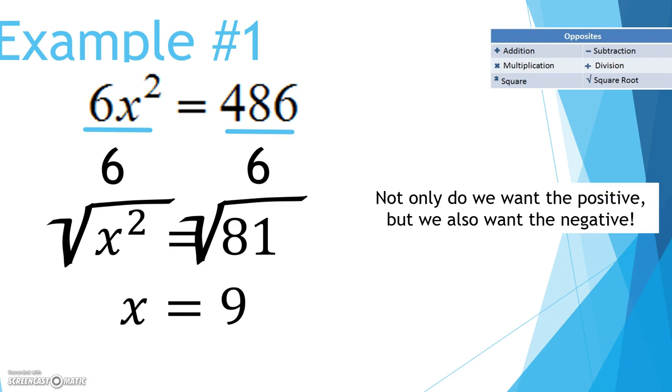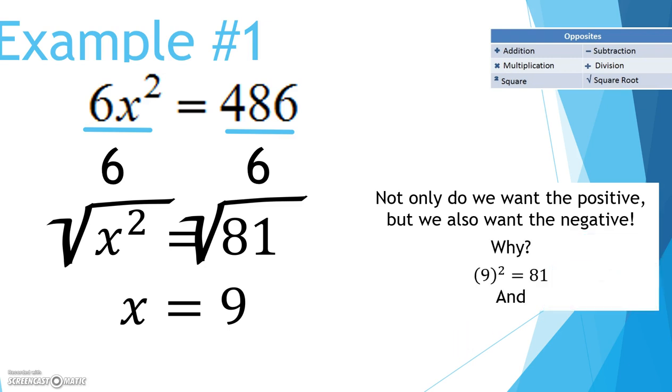Okay, so not only do we want the positive 9, but we also want the negative. Why? Because if we take the 9 and we put it back in for x right here, so if we have x squared equals 81 and we put 9 in for x, 9 squared is going to give us 81.